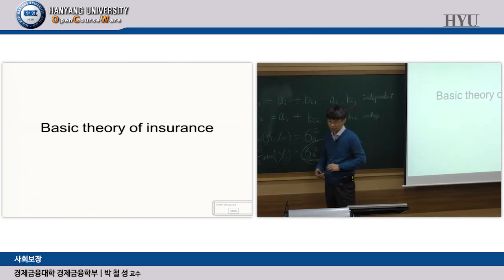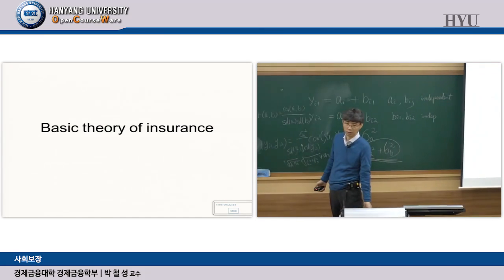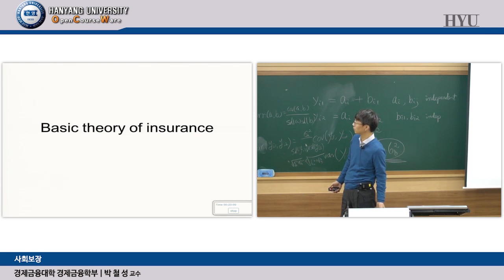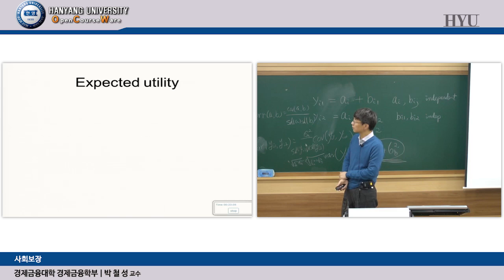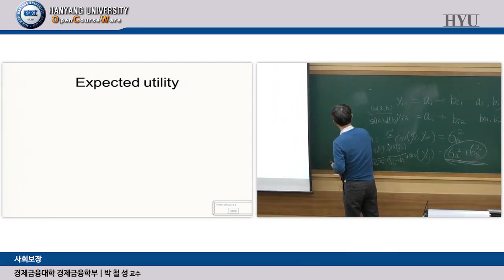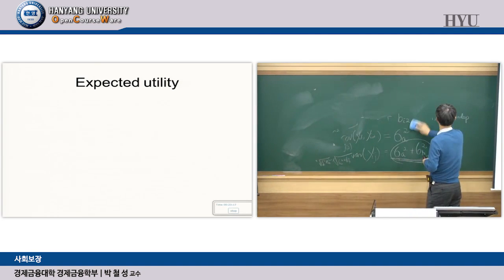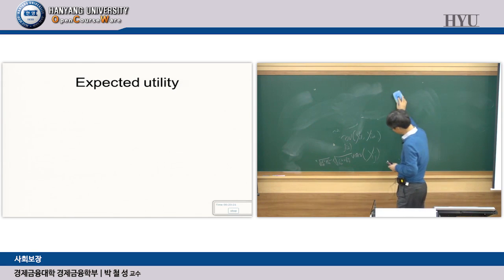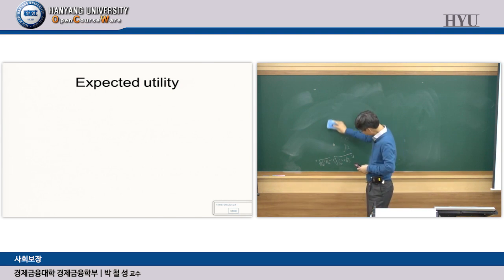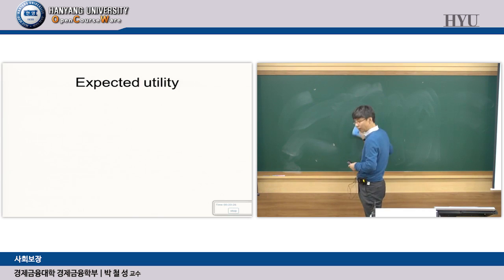Now let's start with a theory of insurance. If you have learned, let's say, microeconomics, you should be familiar with some of the topics that we talk about today. First, let's think of expected utility. Okay, what we are thinking is that when you start learning economics, then after a few weeks of, let's say, principles or introduction to economics, you will meet the utility function.